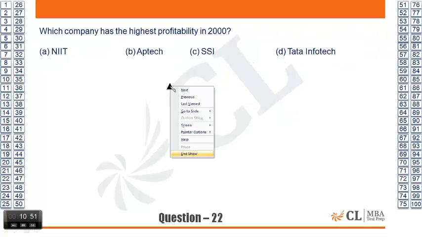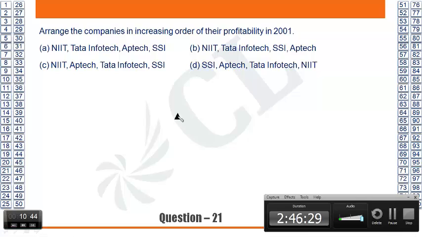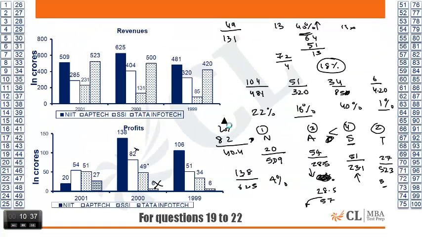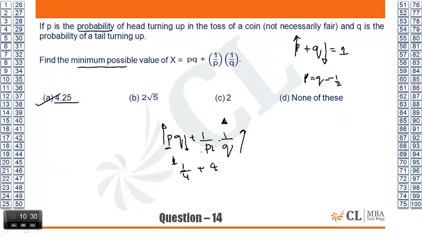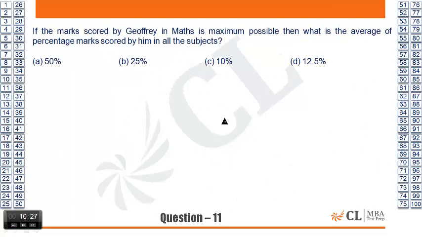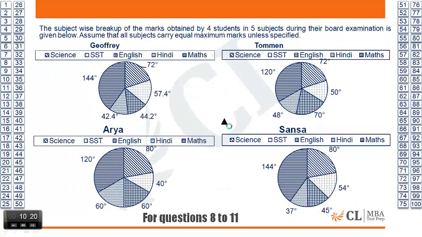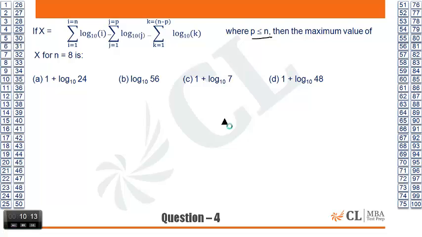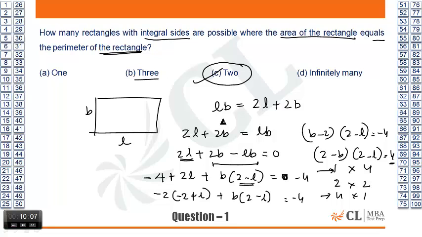I didn't do this, 17. The timer is gone. 17, 17, 18, 19, 20, 21, 22, 23, 24, 25, 26, 27, 28, 29, 30, 31, 32. I'm tired. So I have 10 minutes left.